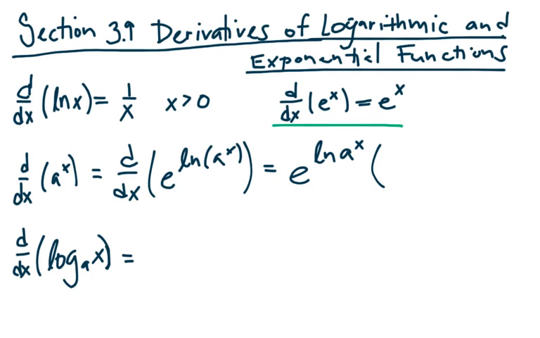Maybe I want to back up a step here, because finding the derivative of the exponent is actually not too bad, but we need to apply a logarithm property. So let me add a middle step here. I'm going to rewrite e to the ln of a to the x as e to the x times the natural log of a.